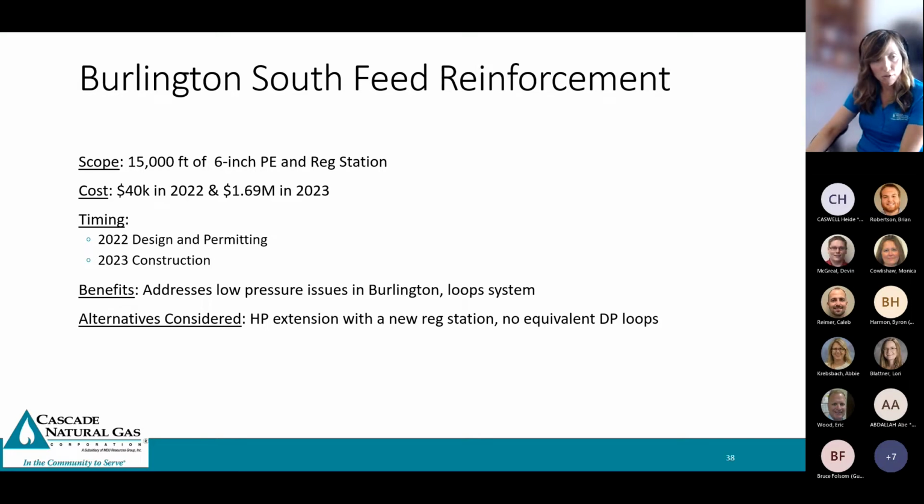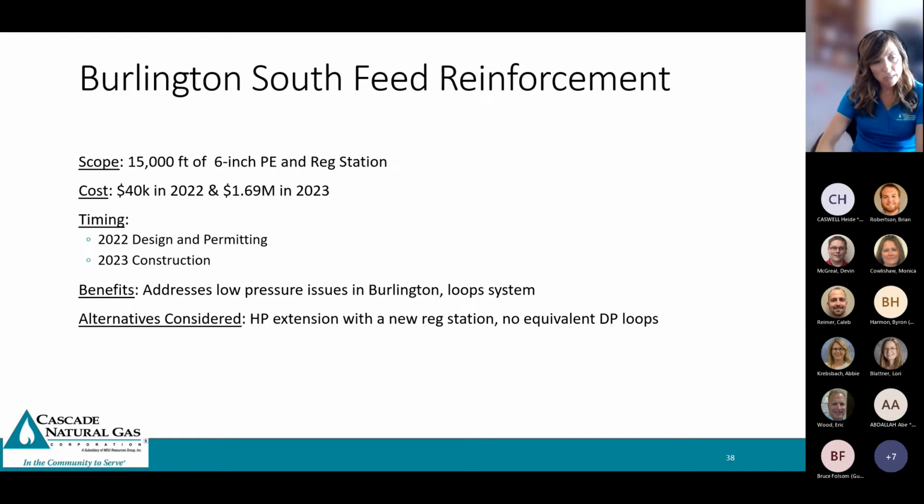Burlington's another one that currently has a single rig feeding the town. It's in the north. So this project's actually going to use an existing rig that has some capacity over to the west side of Burlington, and it's going to tie the system in and loop it. So the 6-inch poly is going to be a trunk line from that regulator station into our distribution system to boost pressures.